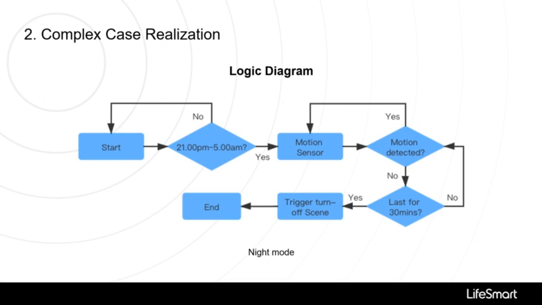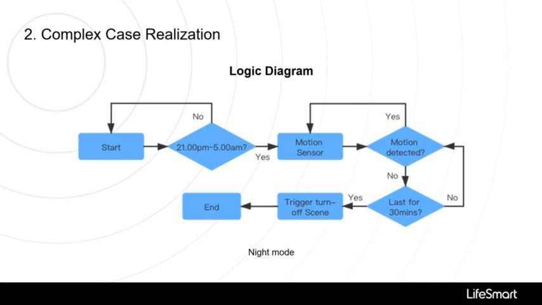It will count and see whether the time of nobody in the living room, no motion detected, lasts for 30 minutes. If no, that means there is a movement during this 30 minutes period, so the motion sensor should start detecting again.